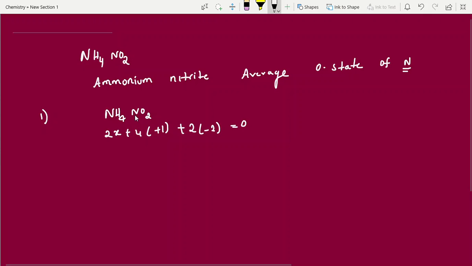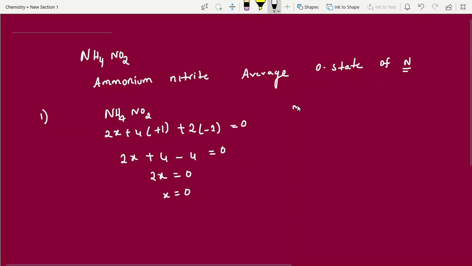In Periodic Classification part 3 also, I have given how to calculate oxidation states. Please go through those two videos first and then come back to this one. Next, 2x plus 4 minus 4 equals 0, then 2x equals 0, x equals 0. Clear? The average oxidation state of nitrogen here is 0.